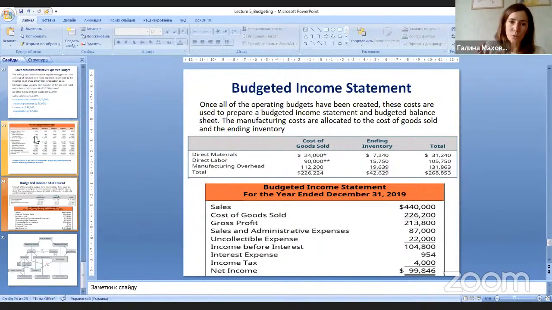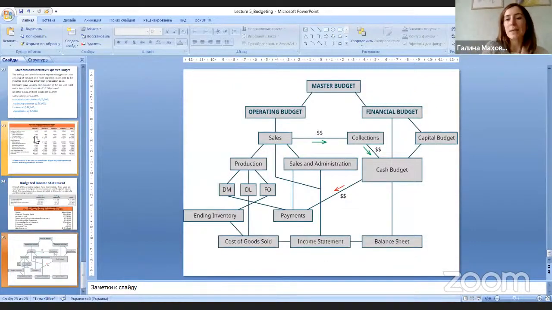And I will not take your time, and will make a focus on financial budget. I'd like to end just with a scheme of the relation between operating budget and financial budget. So you can see here that we calculate firstly sales, then production, and the production budget includes direct material, direct labor, and overhead.